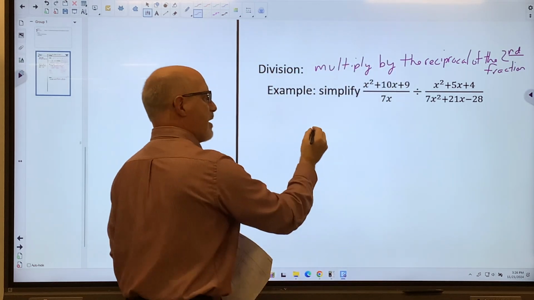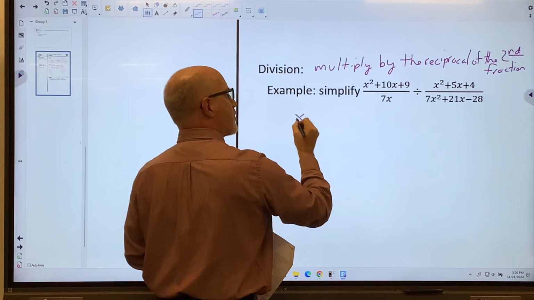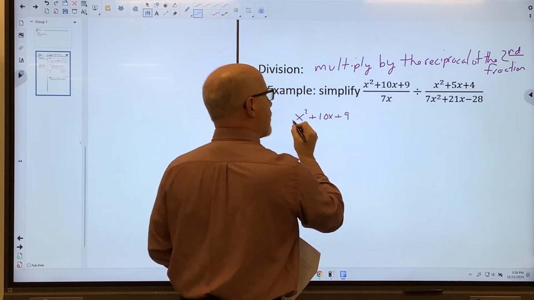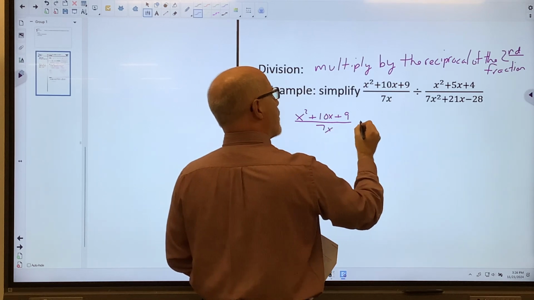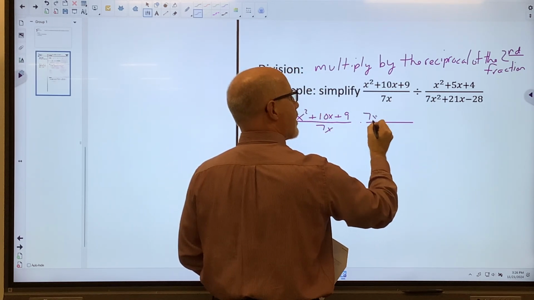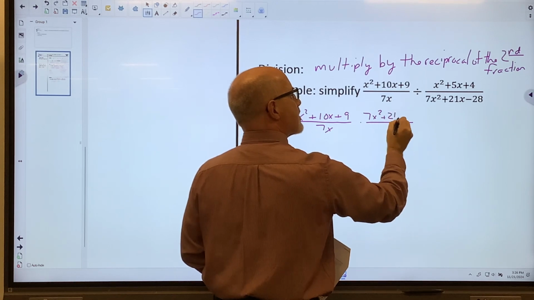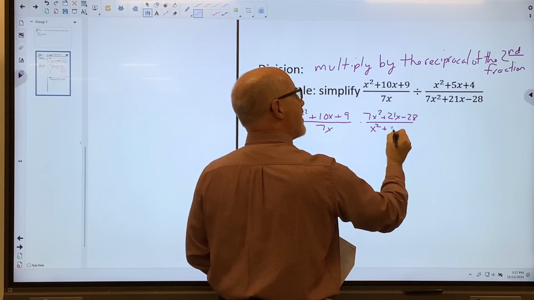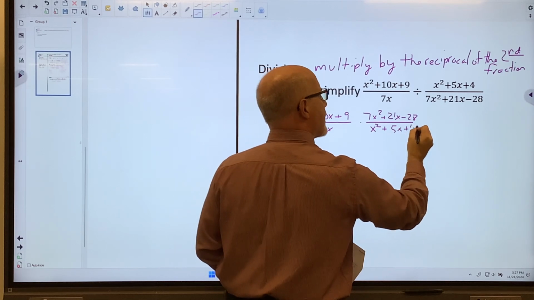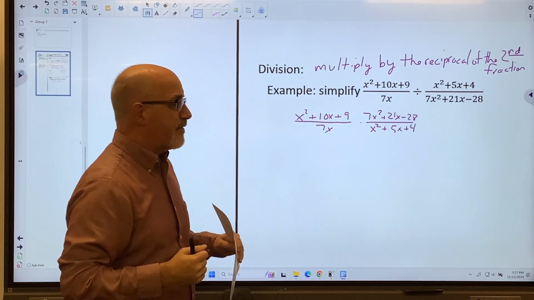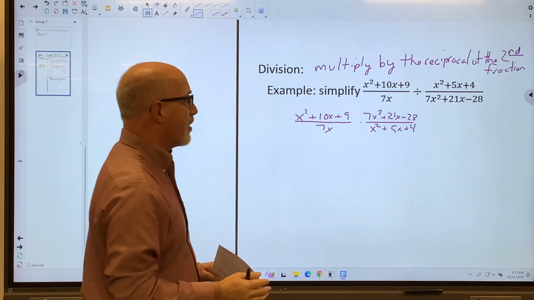I'm going to take my first fraction, x squared plus 10x plus 9, that quantity, over 7x, and I'm going to multiply and just flip the second one. I'm going to make it 7x squared plus 21x minus 28 over x squared plus 5x plus 4. Now once I've got that, I'm going to go ahead and factor each of these polynomials.